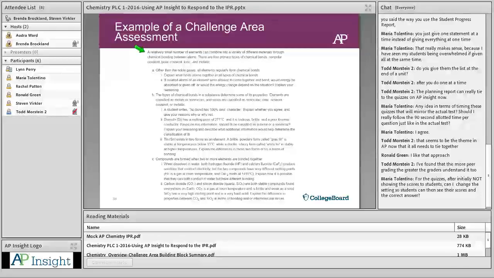Let's see. So Maria's asking, for the quizzes after initially not showing the scores to students, can you change the setting? Absolutely. So that is again in the, I think I want to say manager classes, but that doesn't sound right to me. It's in the same button where it's right underneath. I can see it.